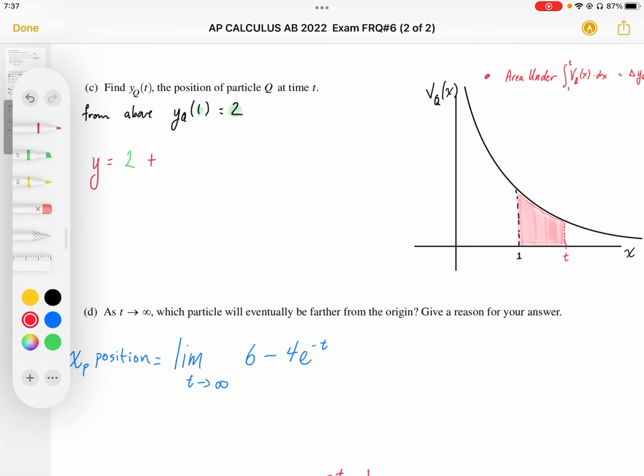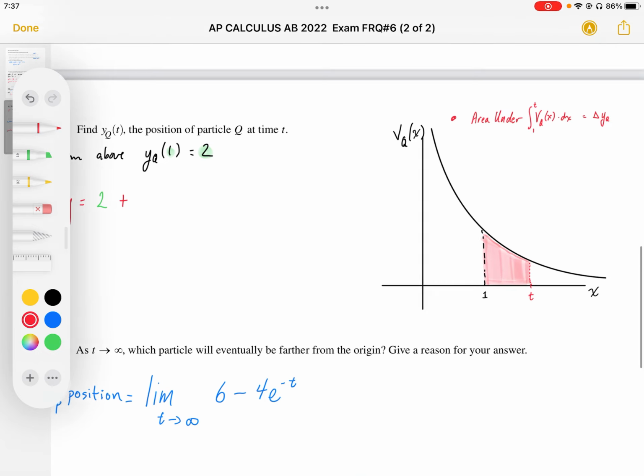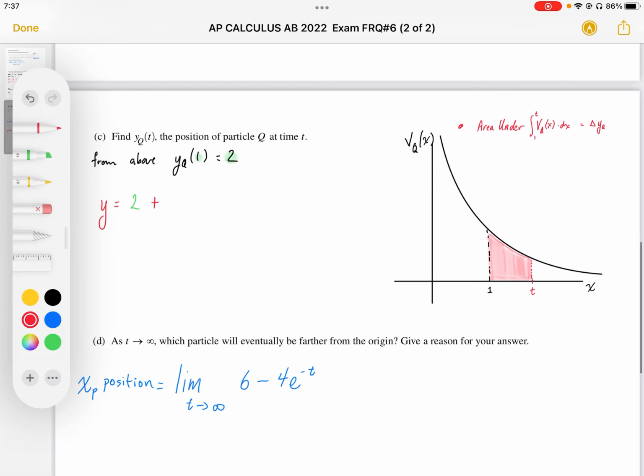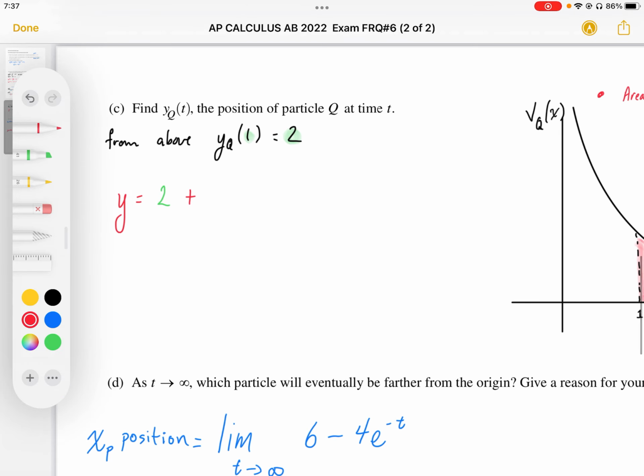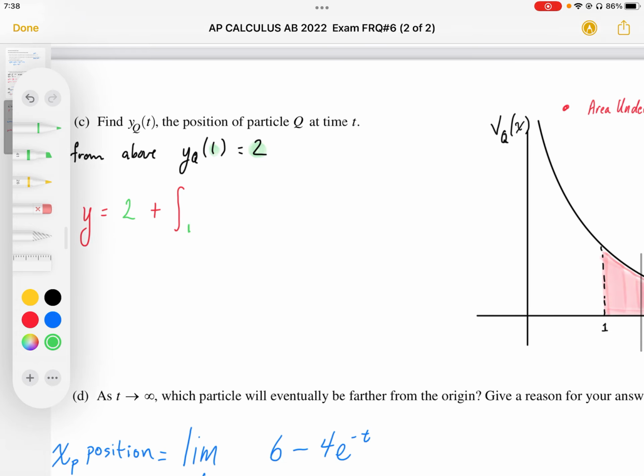And then we're going to add our displacement, how the y changes as we change the area underneath the velocity curve. So it's going to be the area under the velocity curve. We're going to start at 1 because that's our initial position. t is 1, y is 2. And then we're going to go to time t.